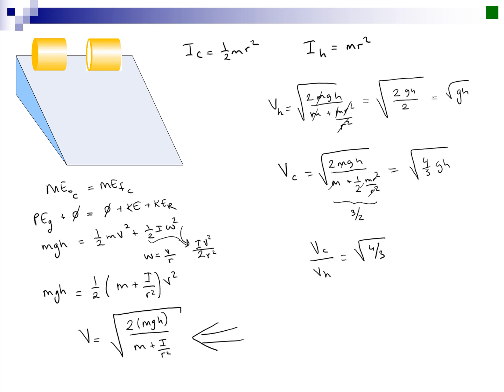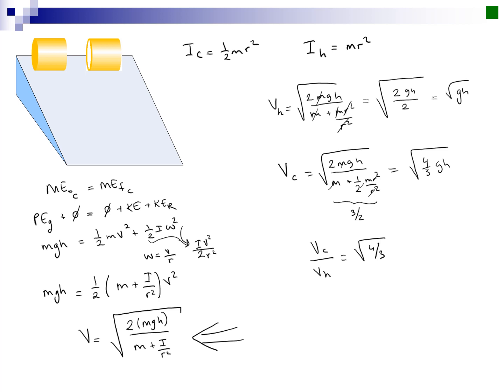Putting it all together, I have mgh equal to 1/2, in parentheses, m plus I over r squared, times v tangential squared.